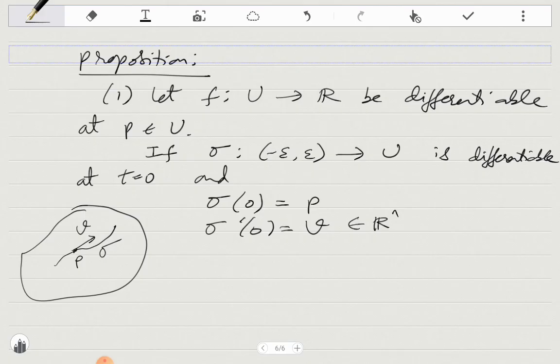That's the picture to have in mind, but even if you think of sigma prime 0 as a linear transformation, it's not that you are wrong. But for this proposition, one wants to imagine v as the velocity vector of sigma. We have already seen something like that when I talked about the directional derivative. I took the straight line instead of an arbitrary curve passing through P in the direction of v. There too, the role of v was that of a direction.